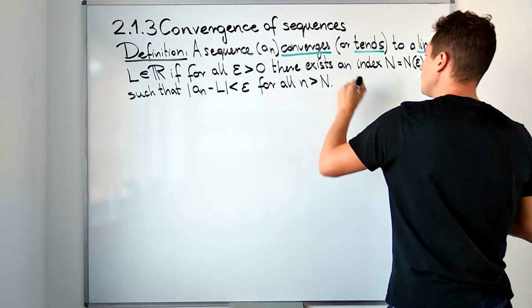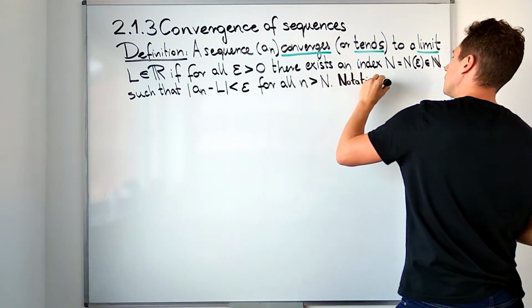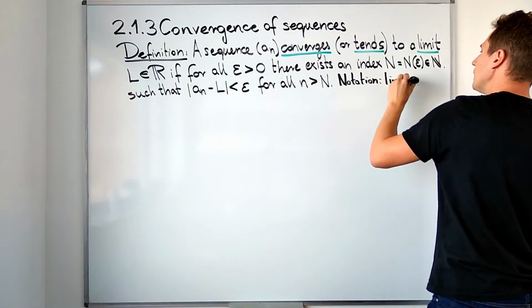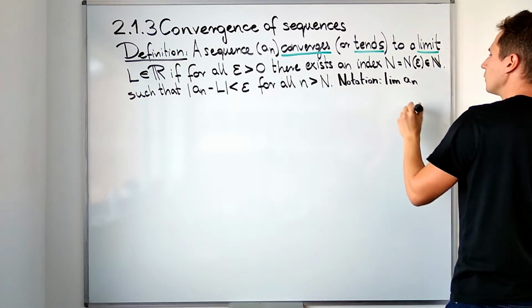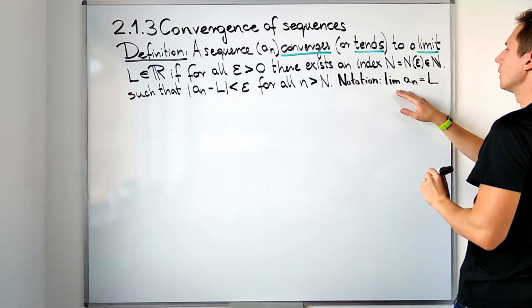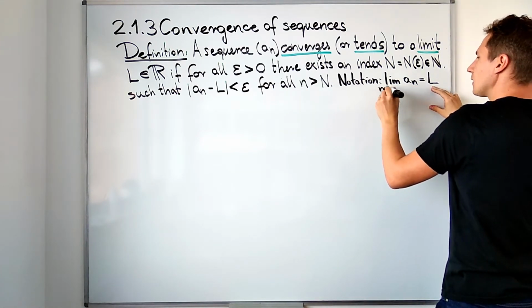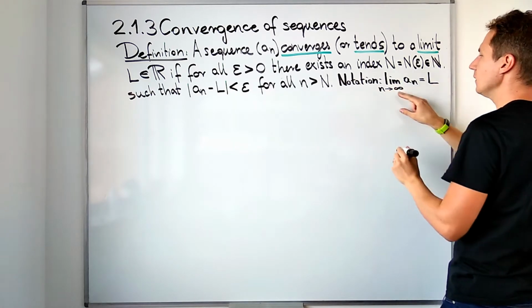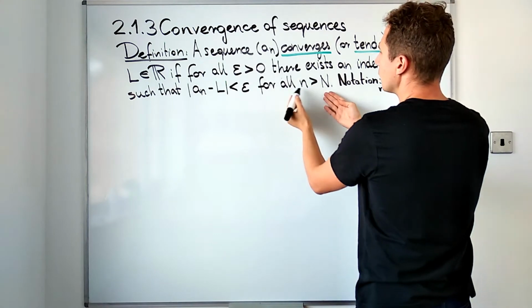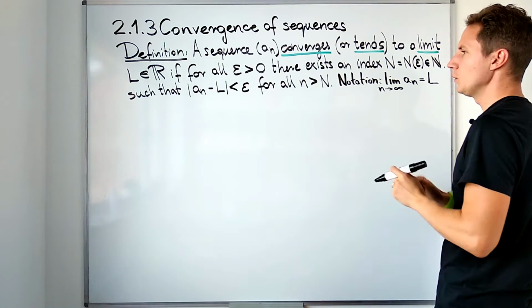The notation that we use is to say that the limit of a_n is equal to capital L, and we also indicate that the indices of the sequence tend to infinity. So we are taking greater and greater indices as we want to get closer and closer to our limit L.